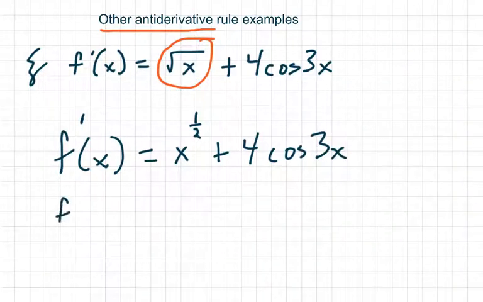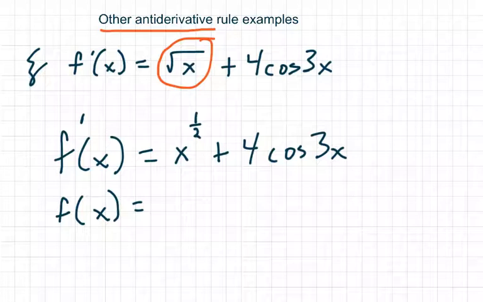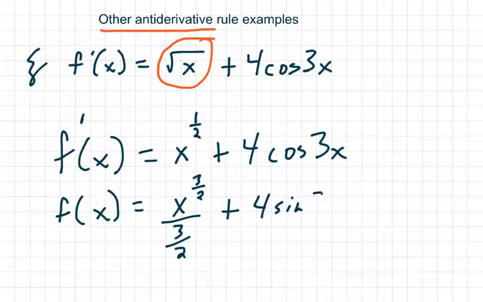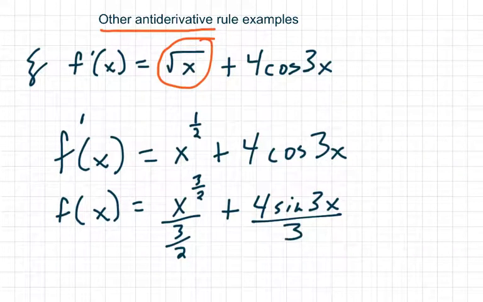Now when I go to f of x, I can add 1 to the half, which is x to the 3/2, divided by 3/2, and we'll reciprocal that, plus 4 sine 3x divided by 3, as the rule says that you have in your notes. Because again, the derivative of sine is just cos.